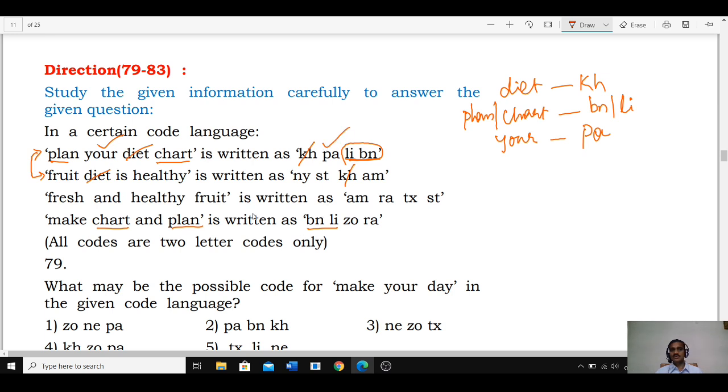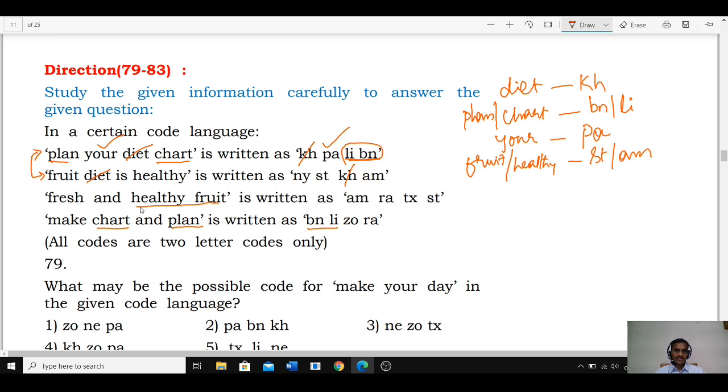Is that fine? Your is PA. Then if you compare the second and the third, fruit is healthy. Fruit and healthy are the two words that are common. Then what are the codes that are common here? STAM. STAM are the codes that are common.